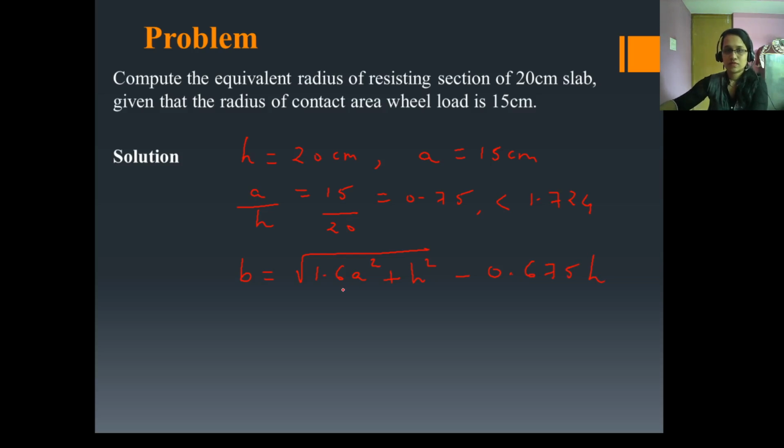Substituting these values: 1.6 times 15 square plus 20 square, minus 0.675 times 20.